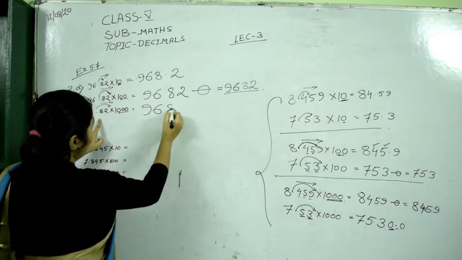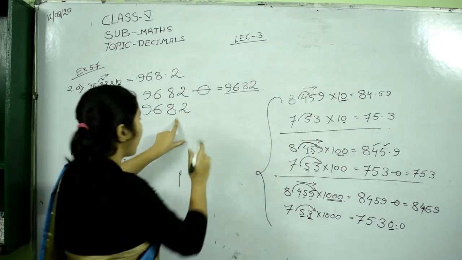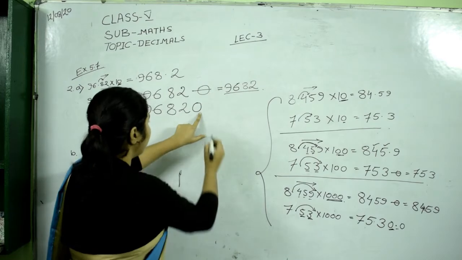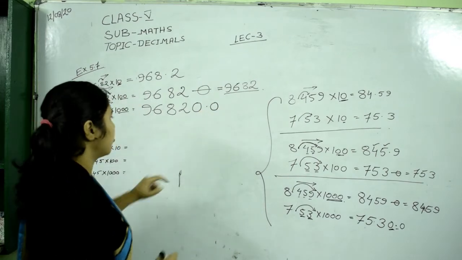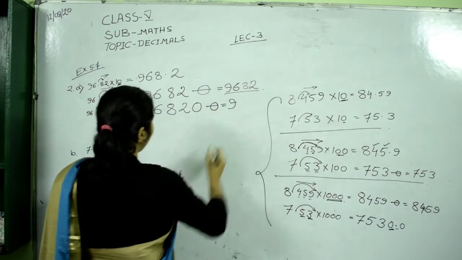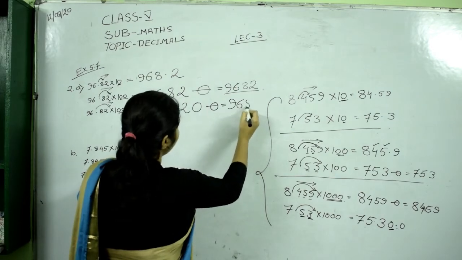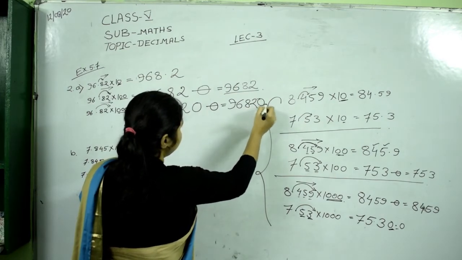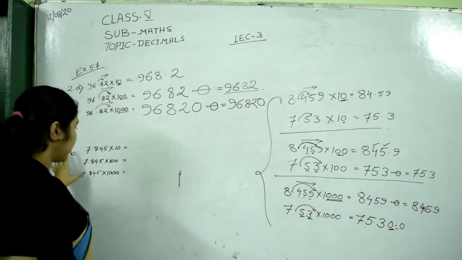So write 8, 2, and then take 1 extra 0 and then insert the point 0. So this is also equal to 96,820. Okay.